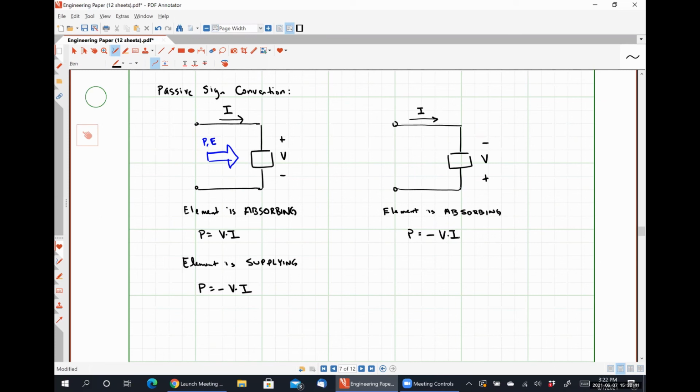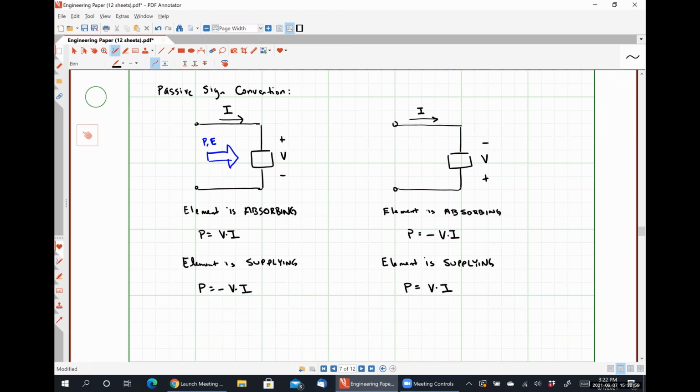Or we consider it to be supplying an amount of power, P is equal to positive V times I.